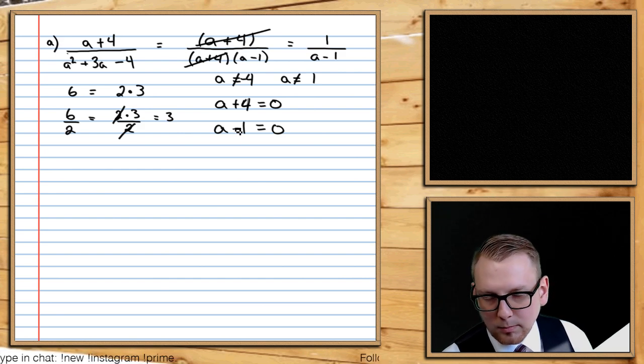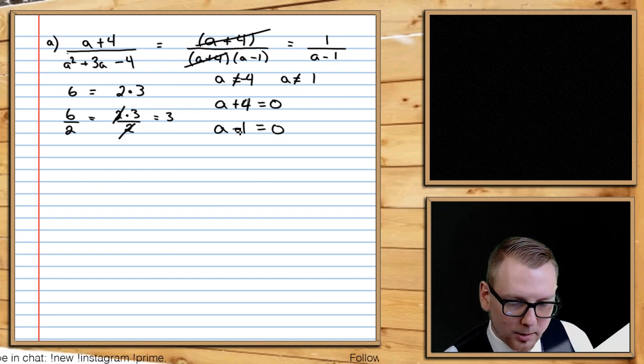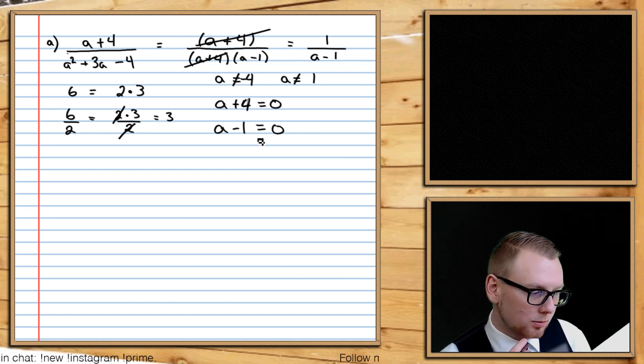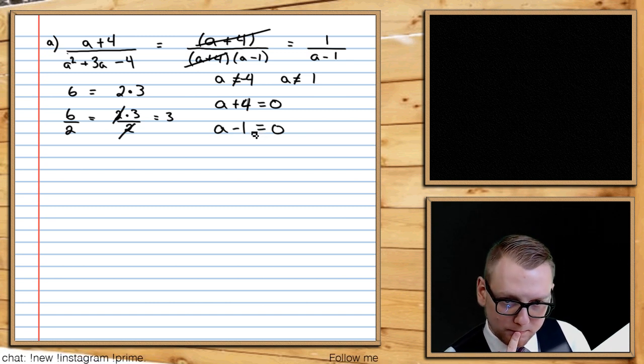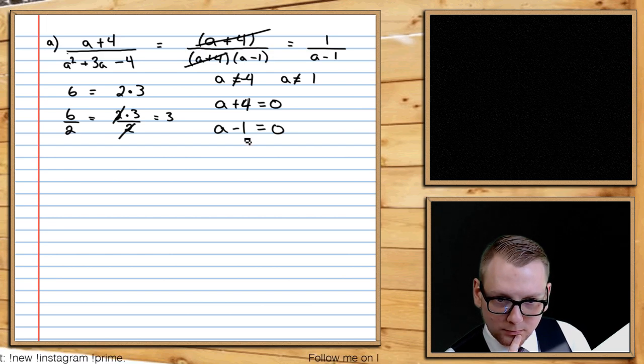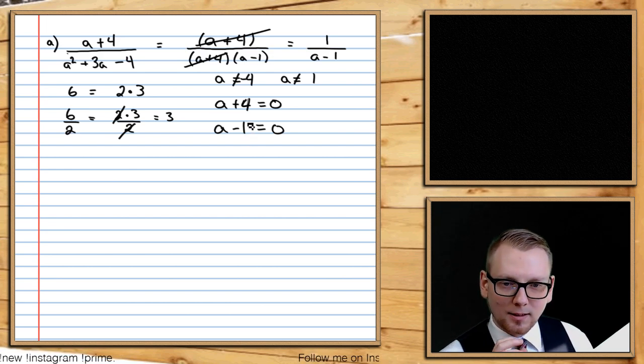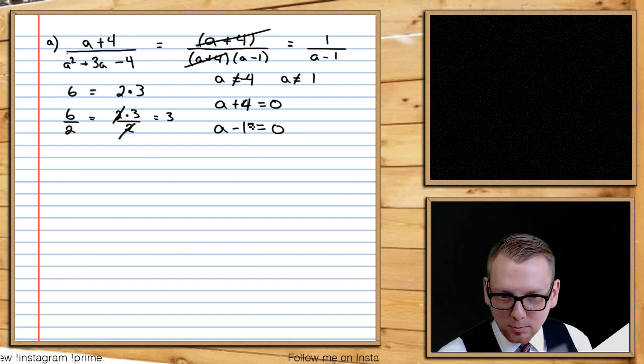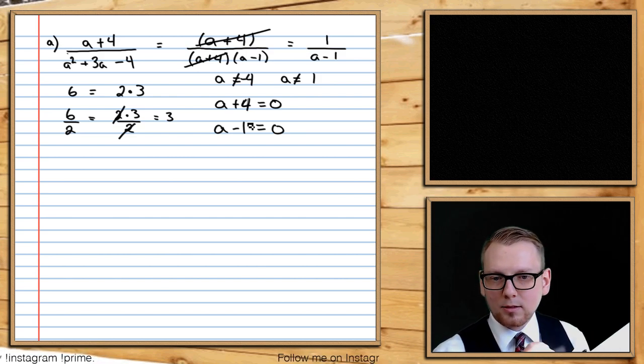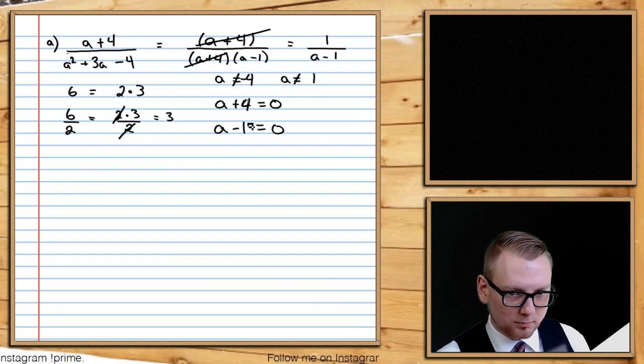So that doesn't matter. It's only when the denominator is 0 that you have problems. It's not that the number can't be 0, it's that the denominator can't be 0.